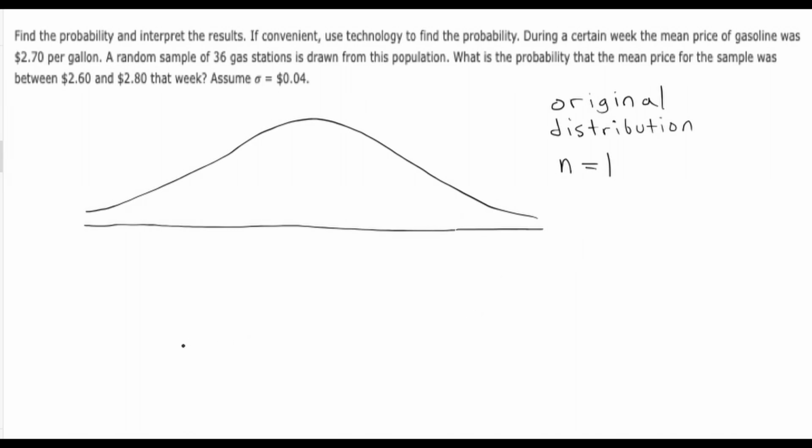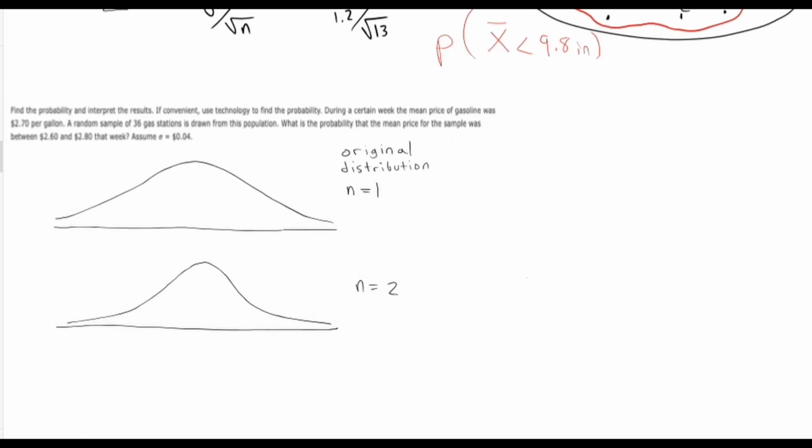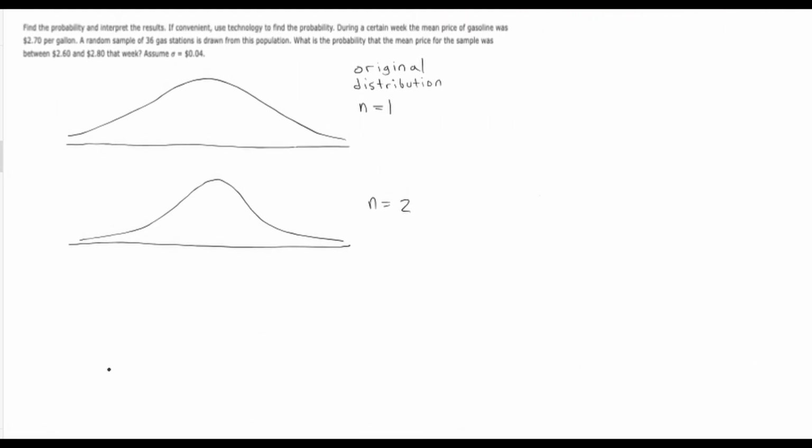If you do an N of 2, then you get something a little bit narrower, like this. But if you go with 36 gas stations and average all those results, we're talking about a very narrow curve. So the bigger the N, the more narrowed it becomes.